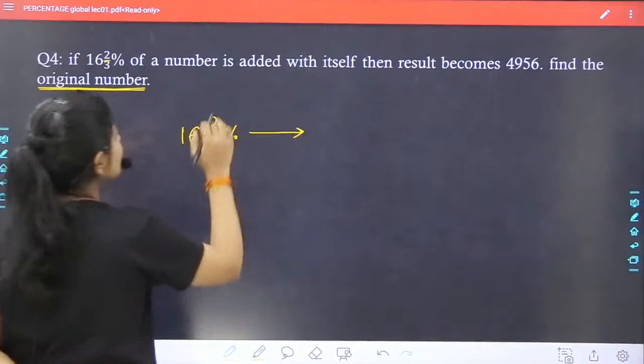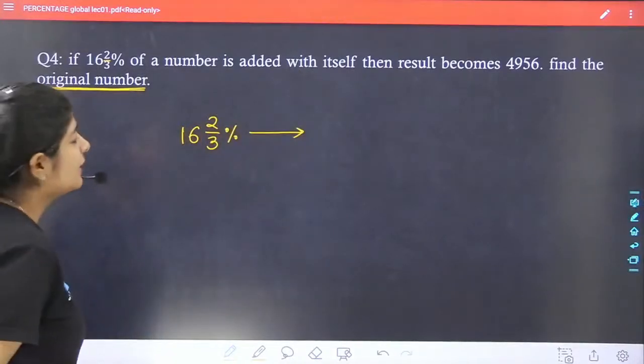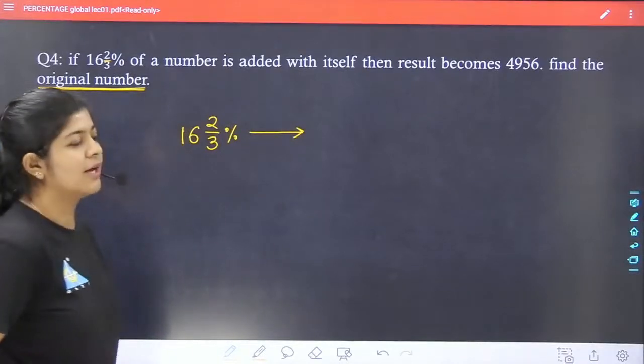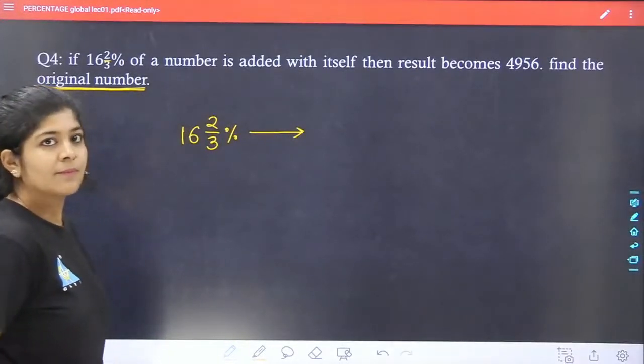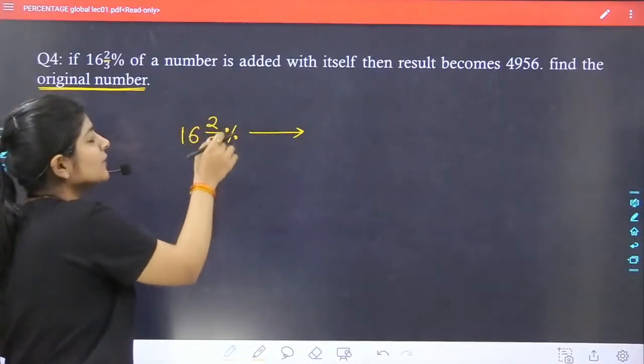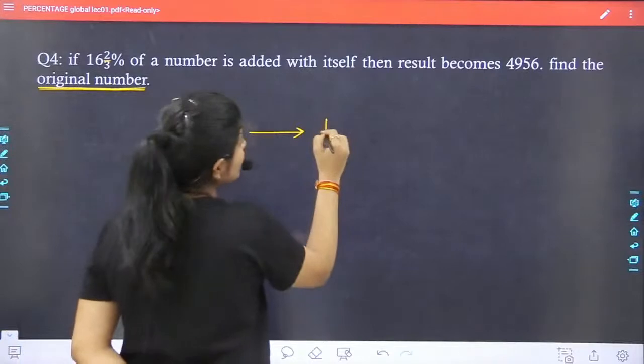How do I write 16 2 by 3% in fractions? Okay, if I have to convert 16 2 by 3% into fraction, I'll write it as 1 by 6.